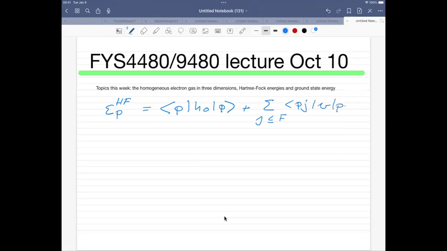So this is again another integral, where we now have an anti-symmetrized matrix element. So this is the equation for the Hartree-Fock energies.